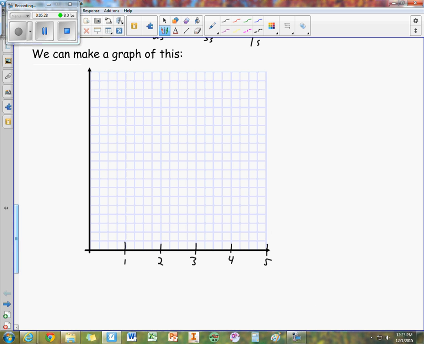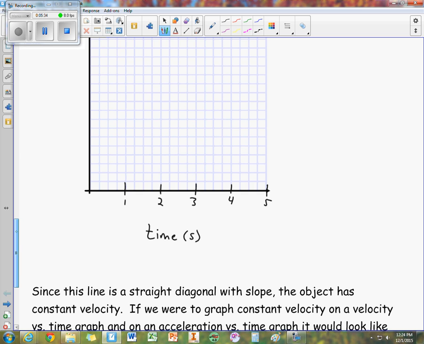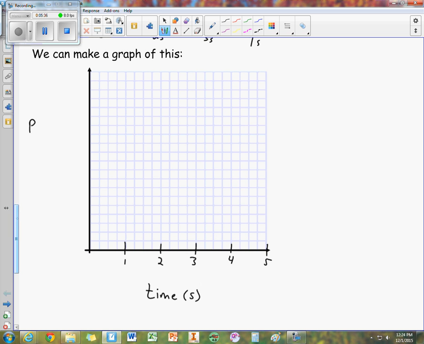So on the x-axis we have time, measured in seconds. On the y-axis we have position, measured in meters. We can go ahead and plot this data.